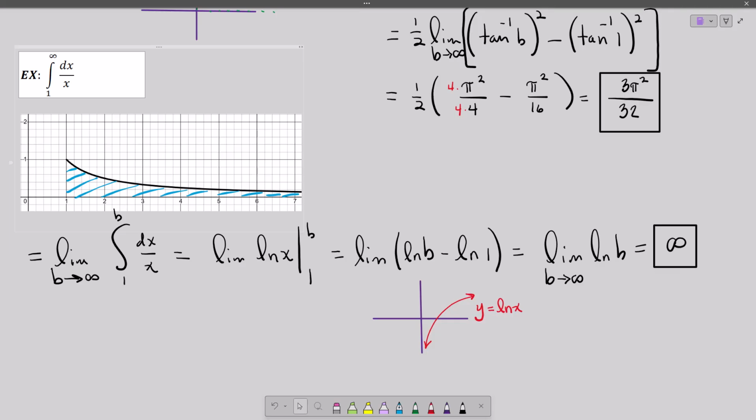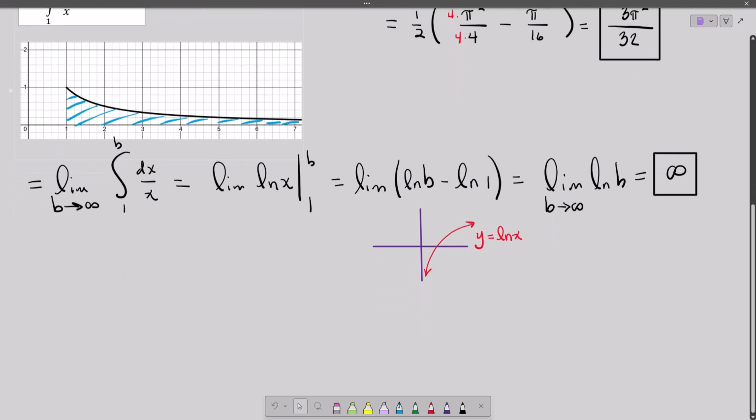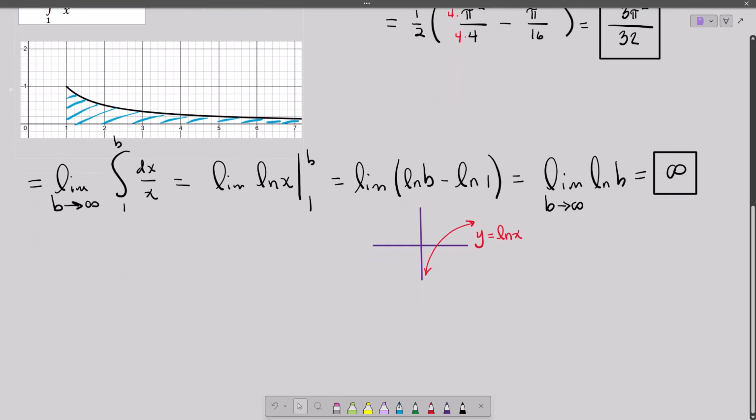If b was approaching negative infinity, would it be 0 then? Or would it just be negative infinity? So the natural log function, the domain is 0 to infinity. So we can't let this go to negative infinity for this, because natural log of a negative number is undefined.